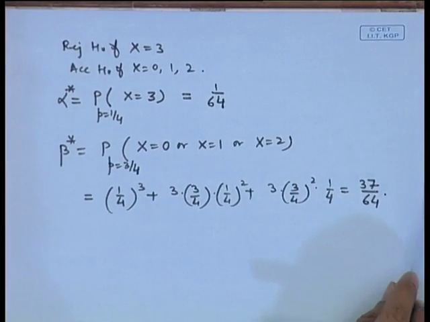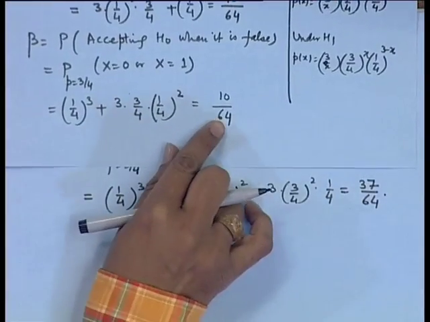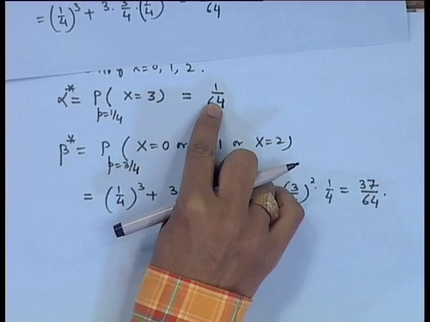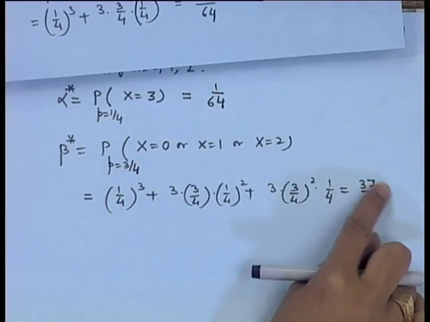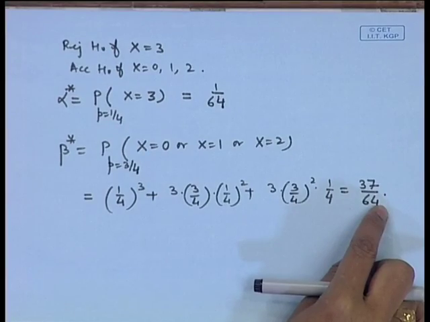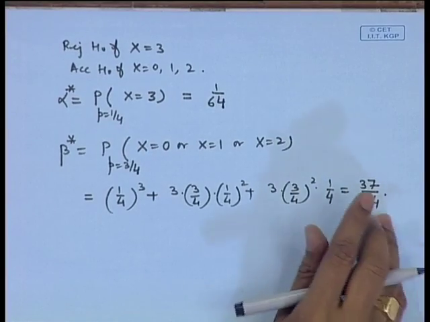So compare this, earlier you had the probability of type 2 error as 10/64, but as a consequence of reducing the probability of type 1 error, the probability of type 2 error has shot up, it has become 37/64. So this is the problem which I was mentioning, that if we try to reduce one type of error, the other type of error increases very much.